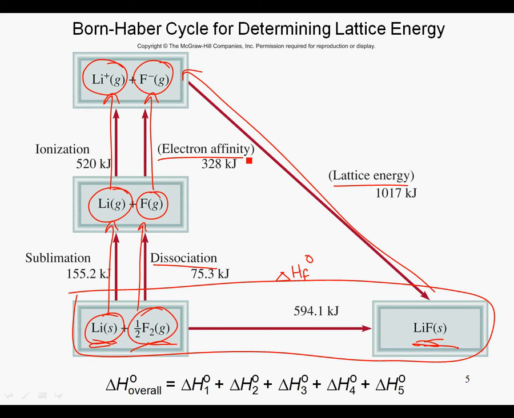The next thing that I didn't show was the signs of these numbers. I showed the energies required to do them, either the energy that goes out or the energy that goes in. I want you to spend some time thinking about whether the energies are positive or negative. Do you have to put energy in to do the process, or does energy come out? Are you going to need to break an attraction?